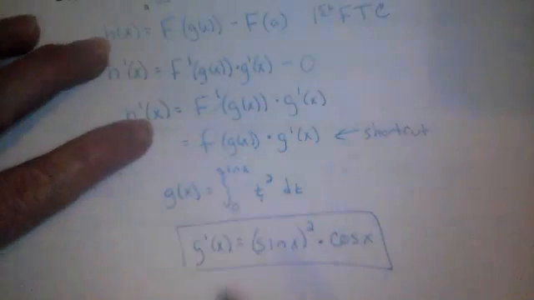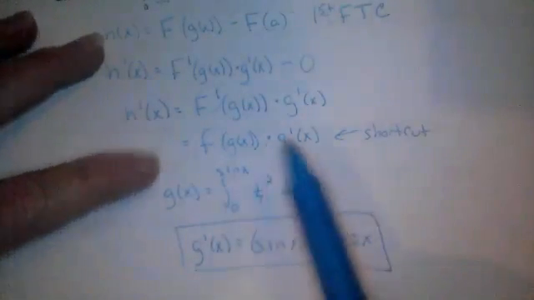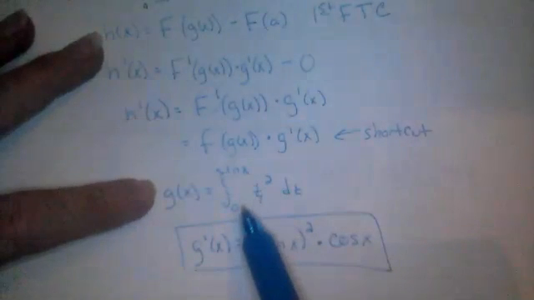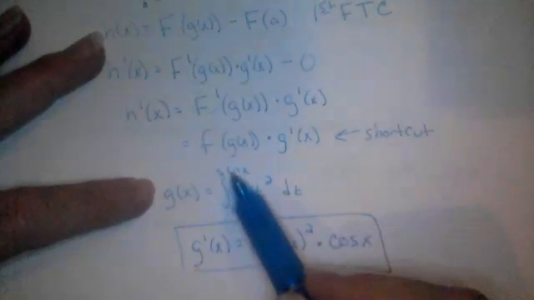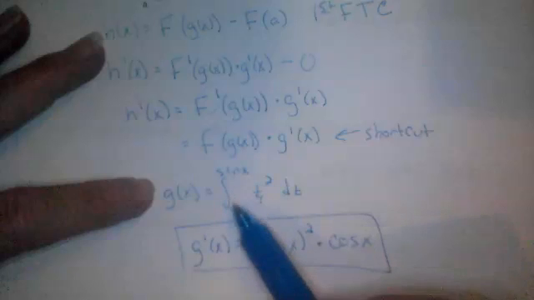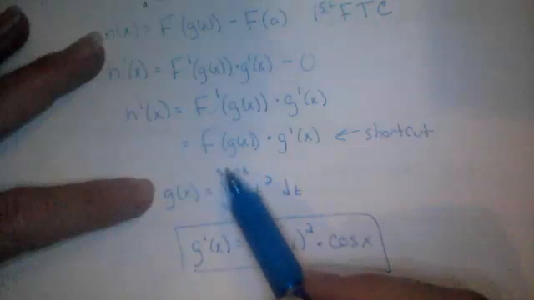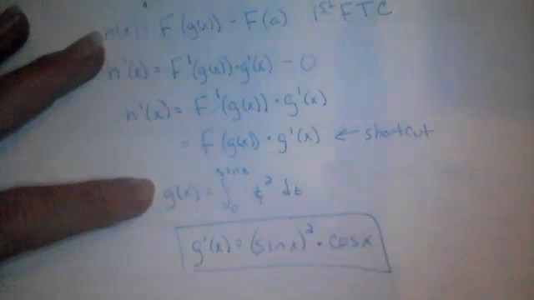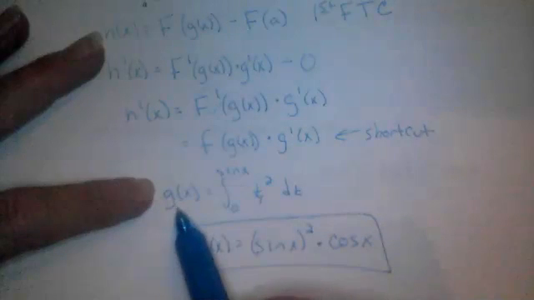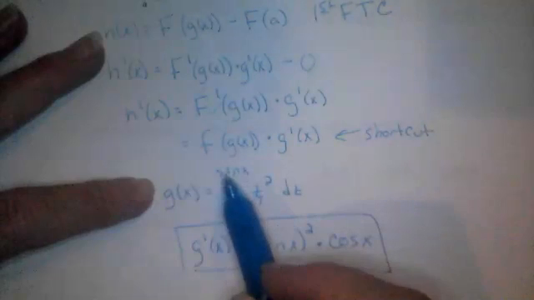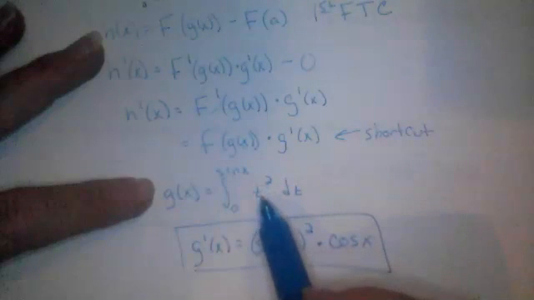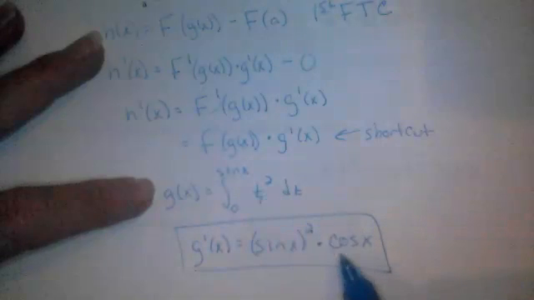So the second fundamental theorem of calculus just says that if we are evaluating an integral that goes from a constant, it doesn't have to be zero, any constant, to a function, then all you have to do, if you're looking for the derivative of this defined function, is plug in the function at the top into your integrated function and then times its derivative.